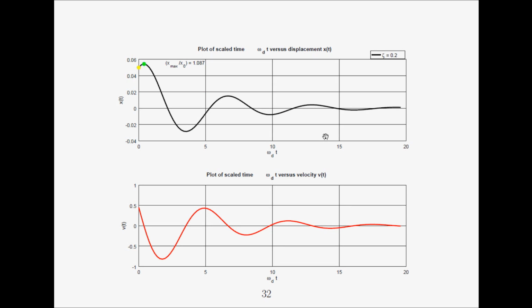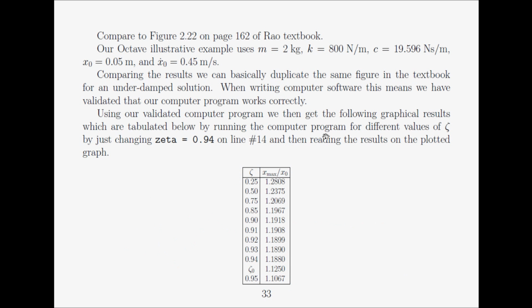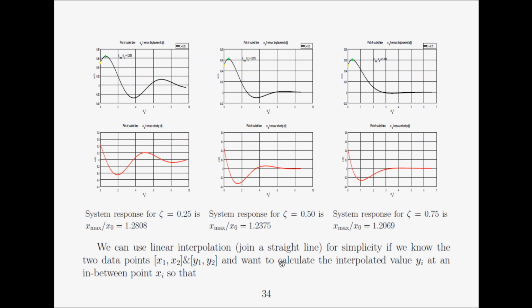Using the assumed value, we'll get some sort of system response, the black curve, and we'll get a ratio of the maximum to the initial point. We repeat for a few values of zeta. Over here we see 0.5, 0.75, 0.8, 0.9, various values less than 1. We get various results, and then essentially we will use these results as we see over here.